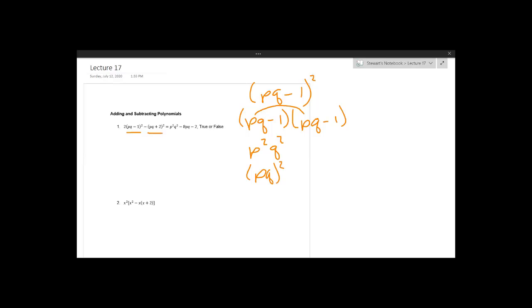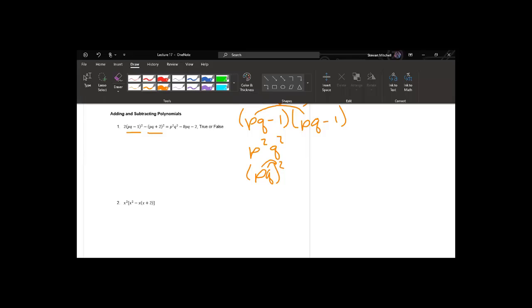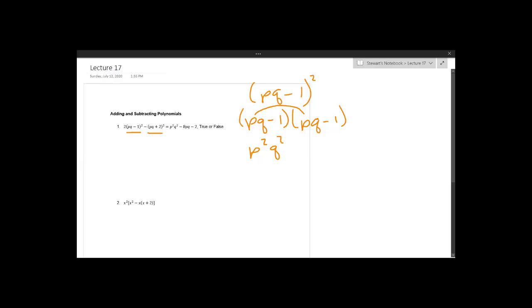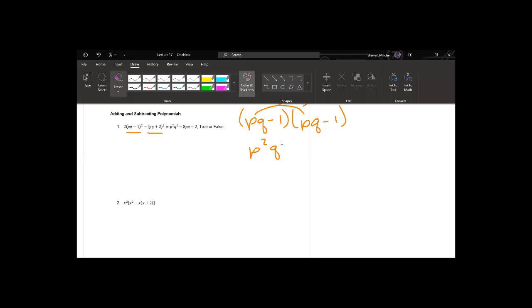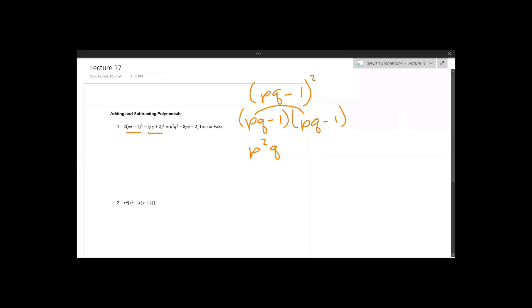Since these two variables are being combined by multiplication, you can just distribute this exponent inside. That's a different way to think about it, if that makes it easier for you. I'm going to rewrite this squared because my 2 kind of fell off a little bit. Okay, so we have p squared q squared. Okay, so that was the first one.